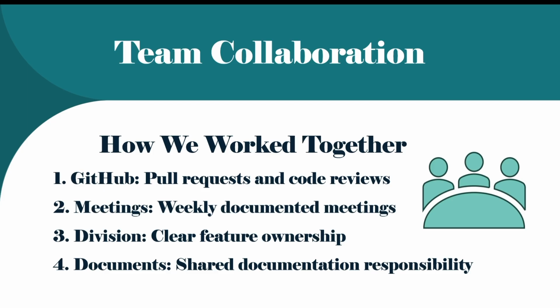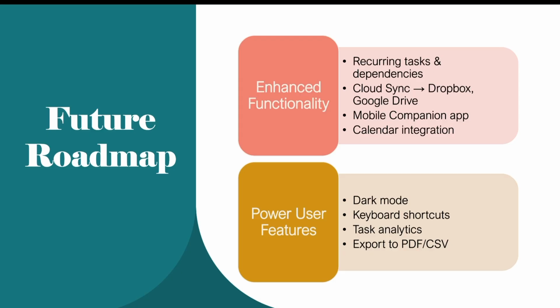For documentation, everyone contributed. We made sure our test docs and all of our other docs stayed consistent while our project grew. For future upgrades that we could add later on, we could do recurring tasks like daily, weekly, monthly, task dependencies, so if task B can't start till task A is done, cloud syncing with like Google Drive or Dropbox, a companion mobile app with like push notifications, and calendar integrations with Google Calendar or Outlook.